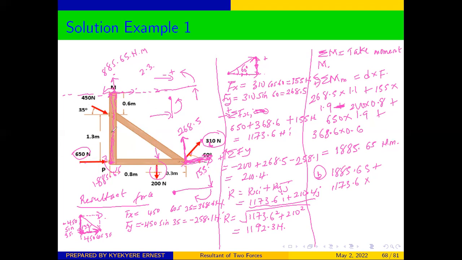We'll be moving up, which is positive, so we get 0.6 plus 1.3, and that gives us a total moment of 411.49.